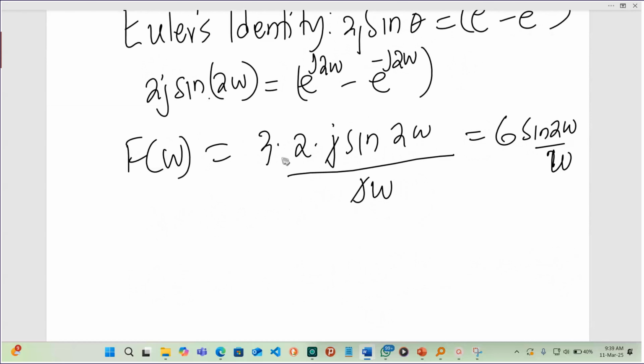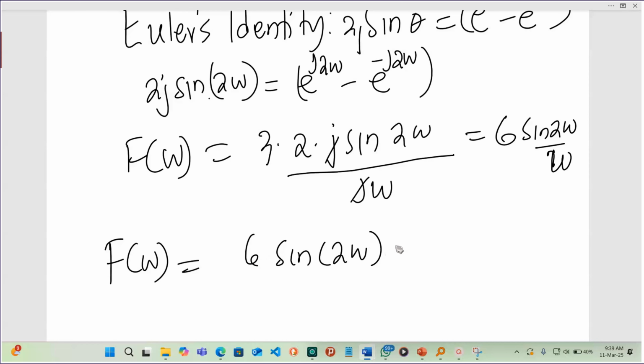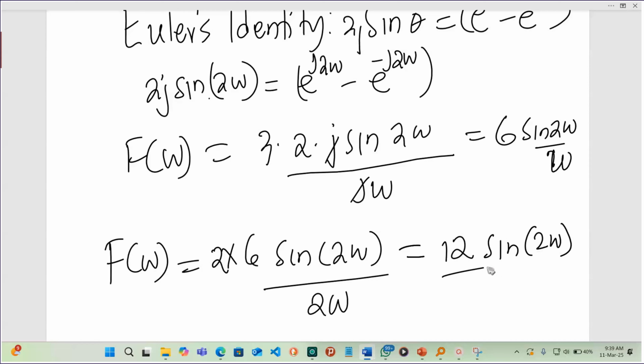So that becomes the solution, but we can actually go ahead and convert it into a sinc function so that we have F of omega equivalent to 6 sine of 2 omega. Then we are going to divide it by 2 omega, and multiply by 2 here. So this becomes 12 sine 2 omega divided by 2 omega.